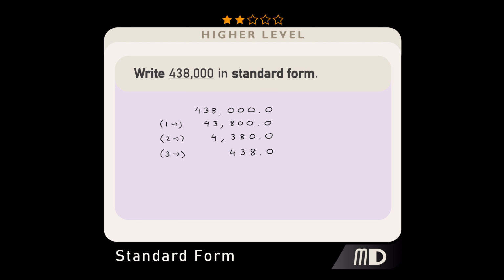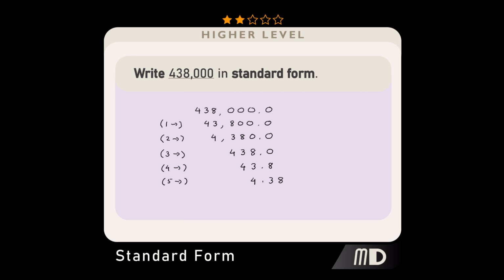Moving the digits a fourth place to the right gives us 43.8. And finally, moving the digits a fifth place to the right gives us 4.38.